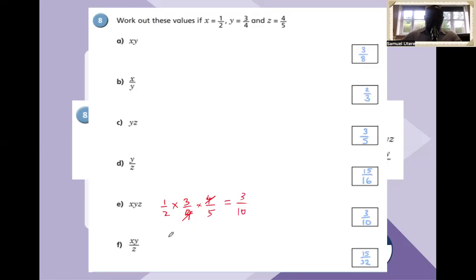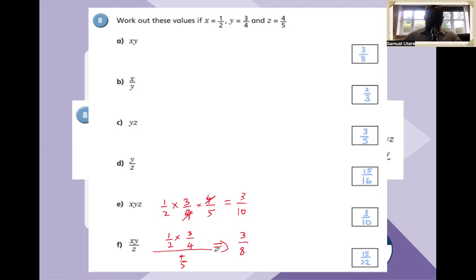For this one, we're going to have half times, because x is half times y, which is 3 over 4. Okay, we do the numerator first, and then it's being divided by 4 over 5. So if we do the numerator, we'll have 3 over 8. Okay, that's the numerator.